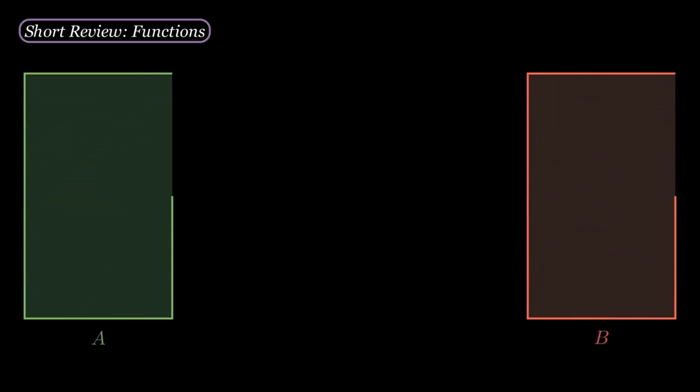Consider two general or unspecified non-empty sets called A and B, represented by the green and red rectangles on the left and the right respectively. These sets have elements in them which we bring forward and represent as white dots inside A and B respectively.